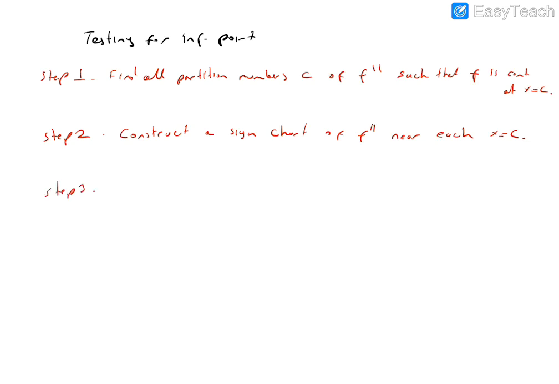And step 3, if the sign chart of f double prime changes sign at C, then C, f of C is an inflection point, okay?